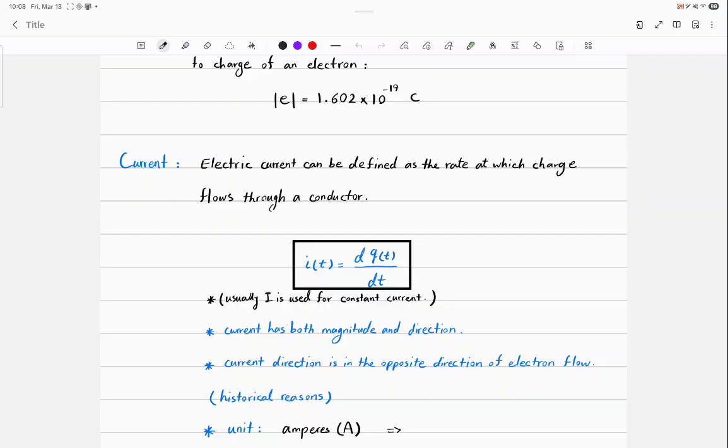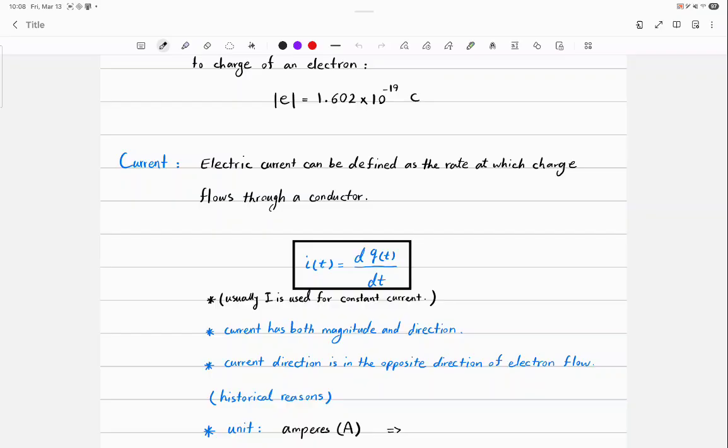Many of you already know that the positive charge inside matter usually is not moving. It's the negative charge, electrons, that are moving. But for historical reasons, because people initially thought that the positive charges were the ones that move, just to respect that, we consider the direction of current as the direction of movement of positive charge, which means current is actually in the opposite direction of the movement of electrons. Okay? Does it make sense?